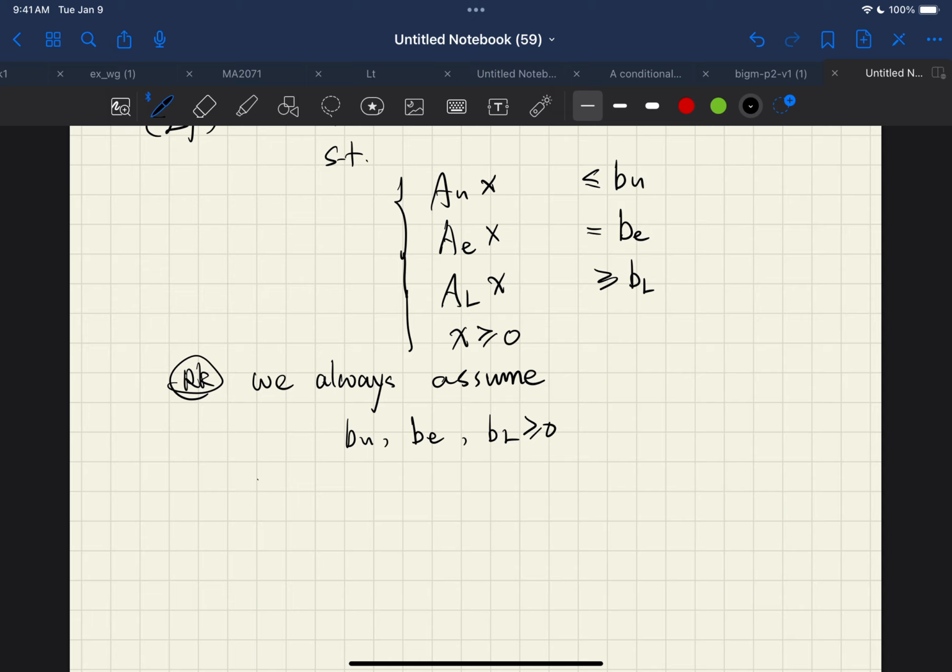For example, if I have a constraint like x1 plus 2x2 less than or equal to -1, then you can multiply by -1. Then that is the same thing as -x1 - 2x2 greater than or equal to 1. So make sure this is a positive number.